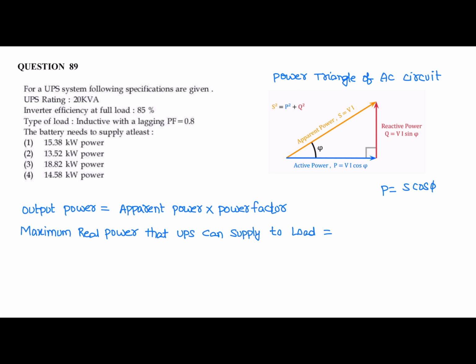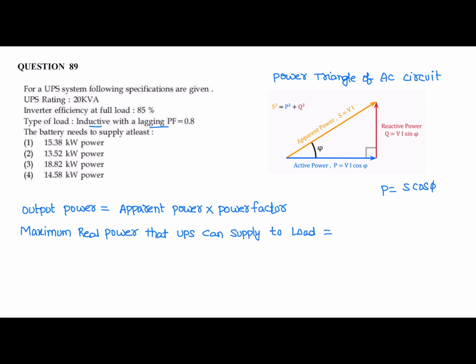Next question. For a UPS, uninterrupted power supply system, the following specifications are given. UPS rating is 20 kVA, kilovolt ampere, and inverter efficiency at full load is 85%. The type of load is inductive, so lagging power factor of 0.8.